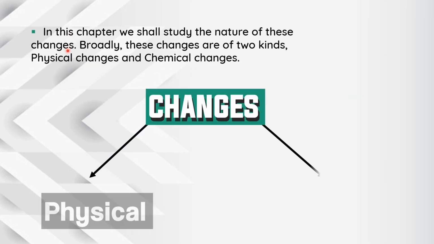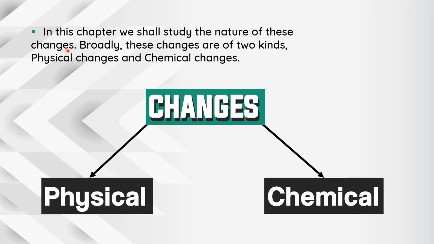So now we study different kinds of changes. In this chapter, we shall study the nature of these changes. Broadly, these changes are of two kinds, physical changes and chemical changes. So we learned many examples of changes. Getting curd from milk, burning of paper, cutting of wood, melting of ice.